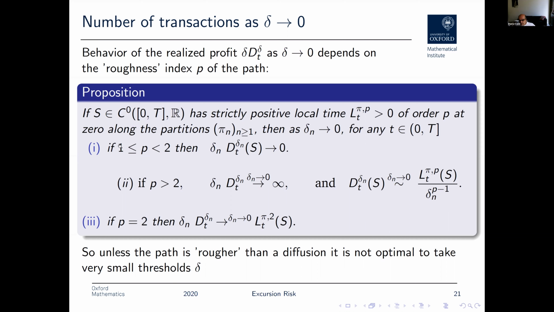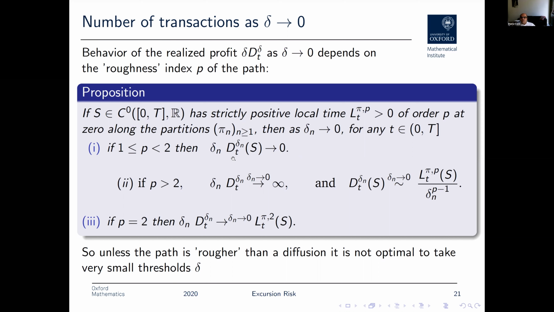So 1 will mean it's a path with finite variation. It's really much smoother. But in between 1 and 2 means it may not have finite variation, but it's smoother than Brownian motion. In this case, the realized profit of the strategy, which is delta times d delta, number of transactions times delta, goes to 0 as delta goes to 0.